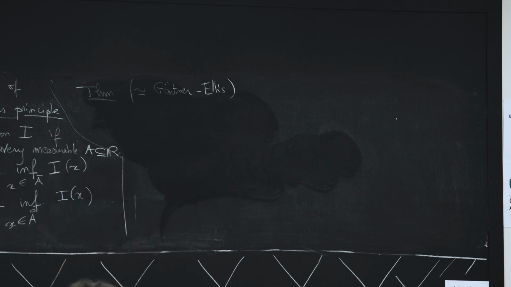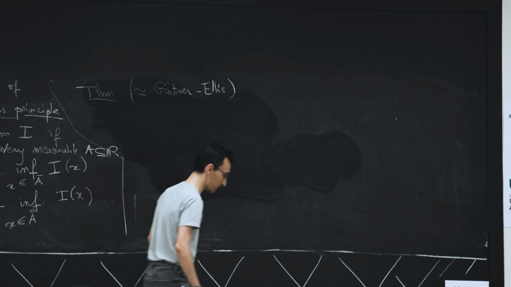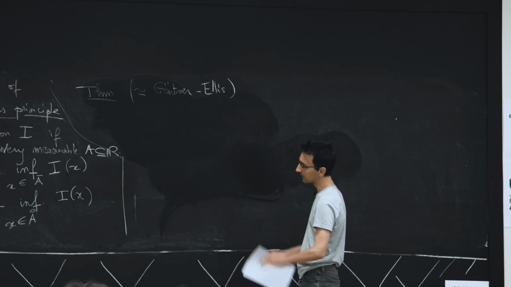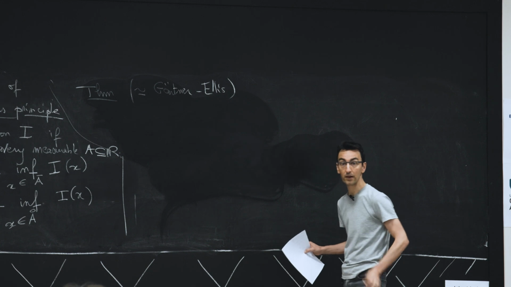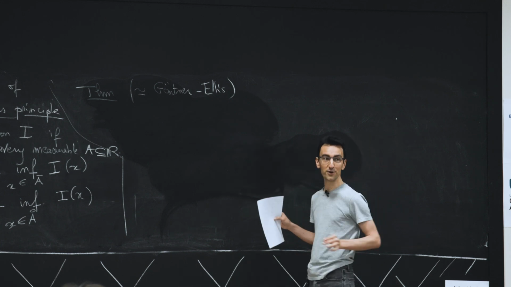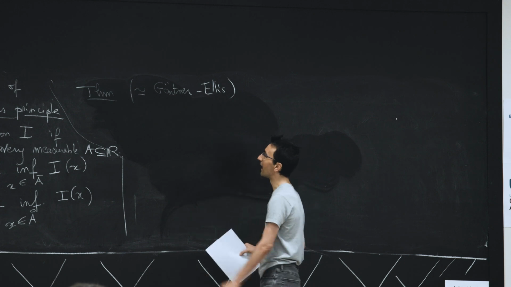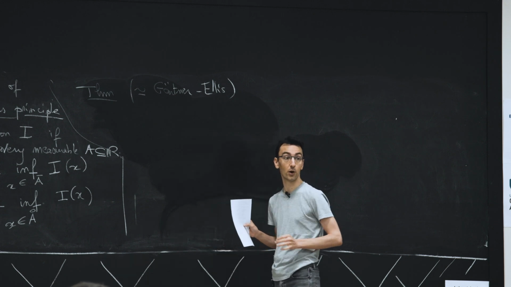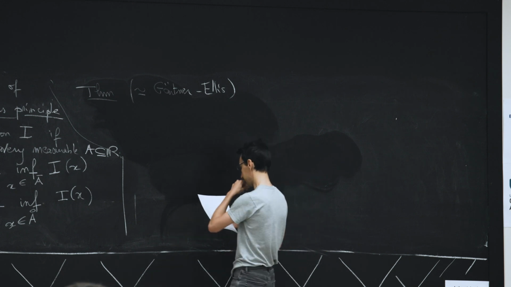And so maybe Gartner-Ellis would be the full generality, maximal thing. And I'm going to try to strike a balance. This is why I was saying this is perhaps not exactly the way you're used to seeing it, because I'm trying to find the balance that works well for what is going to come next for us.